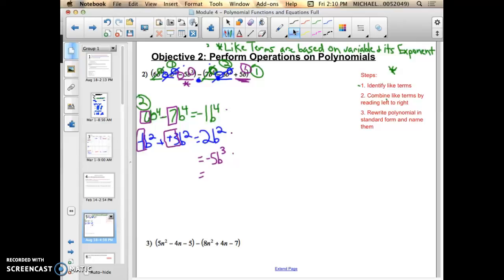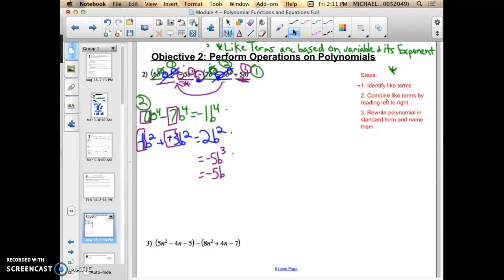It is part of polynomial 2, which is being subtracted from polynomial 1. And so this subtraction sign still interacts with this term. It's this polynomial minus this term. So that minus of that term turns the +5b into a -5b. That's why, again, it's so important to read it left to right so you get the correct signs, plus or minus, with your final answer.